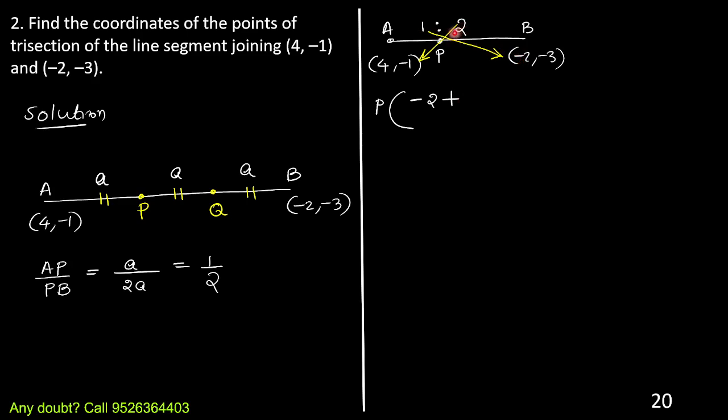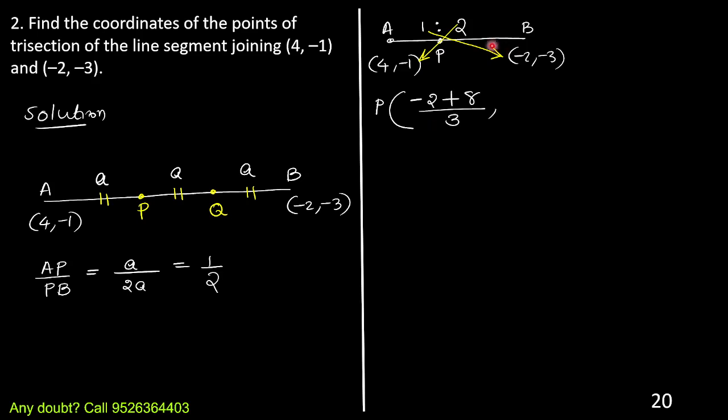And along this arrow, do the multiplication with the x coordinate. Initially 1 into minus 2, minus 2. Then 2 into 4 is there, right? 2 into 4 is 8. Denominator we know, m plus n, 1 plus 2. The ratios we just add, 1 plus 2, 3.